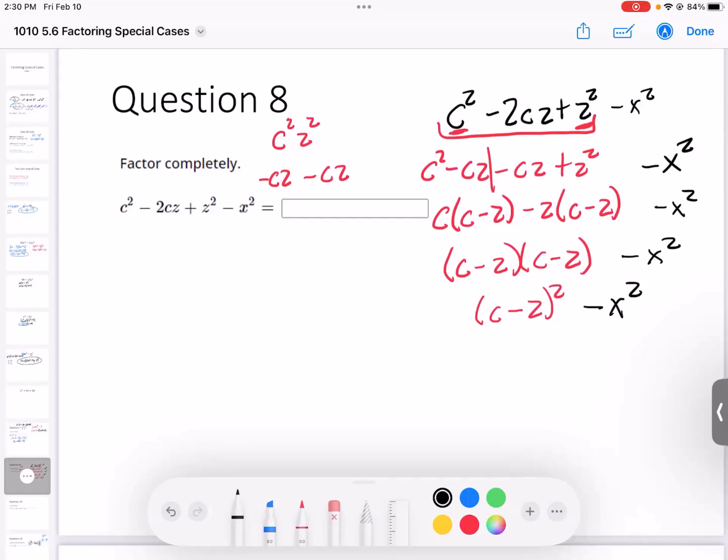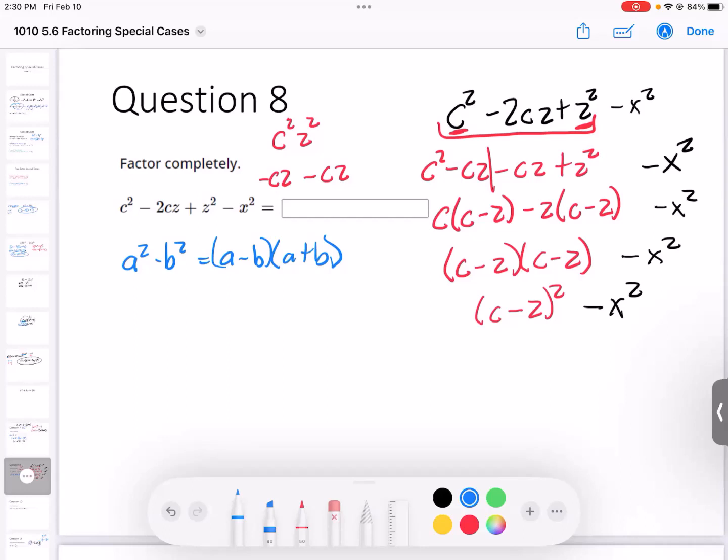Now, this is a difference of squares because I have something squared minus something else squared. So I can use my difference of squares formula, which says a squared minus b squared equals a minus b times a plus b. So this is the formula that we learned in class. And that I would recommend you memorize.